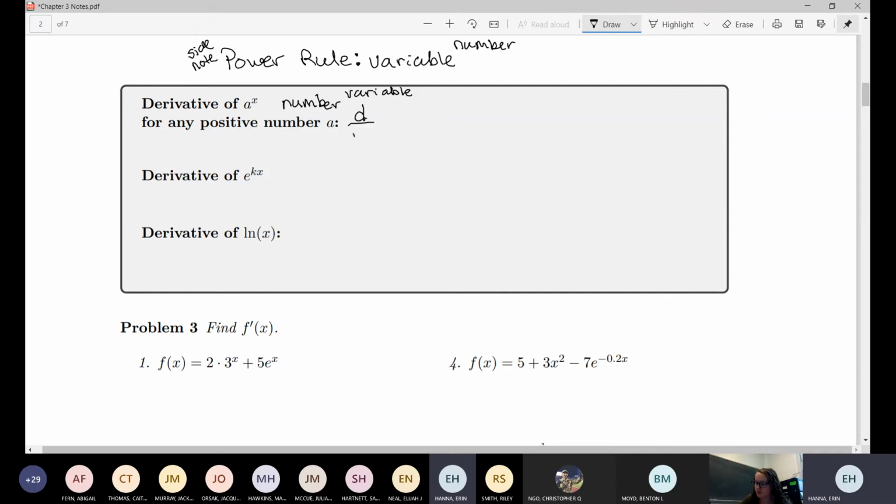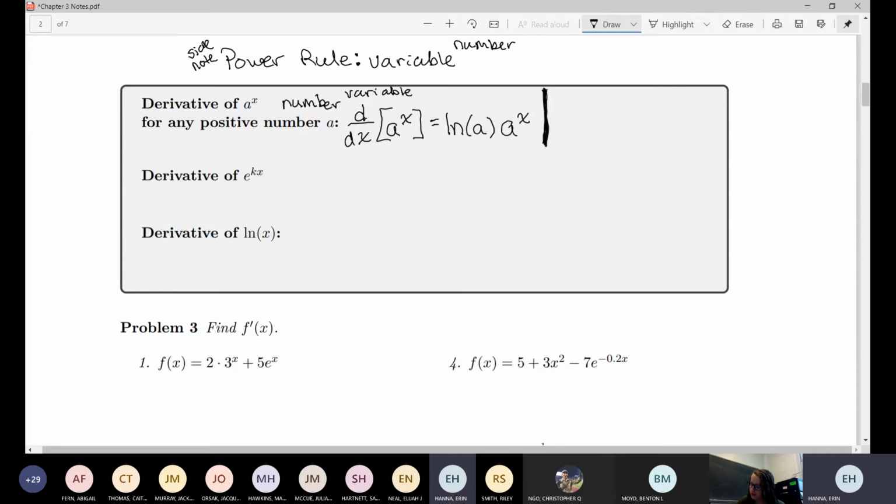So if we want to take the derivative of some number to a variable, this is one of the really big trust-and-believe-me rules. It's going to be equal to the natural log of a times a to the x.